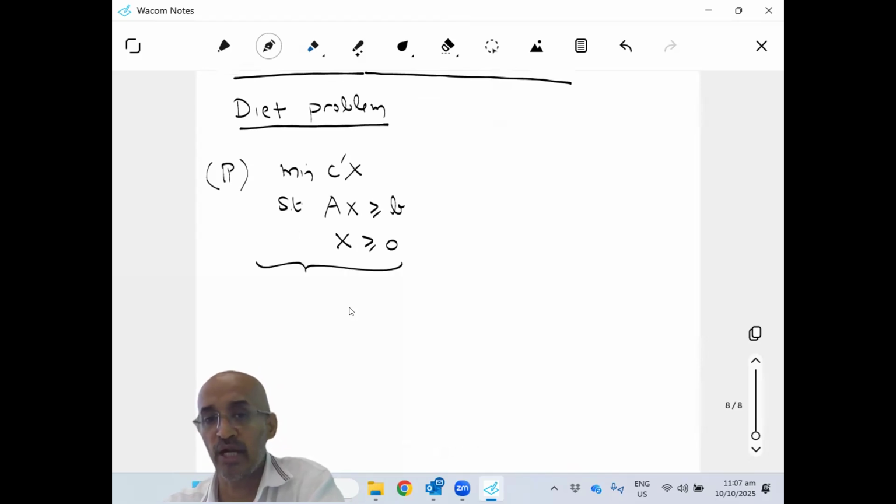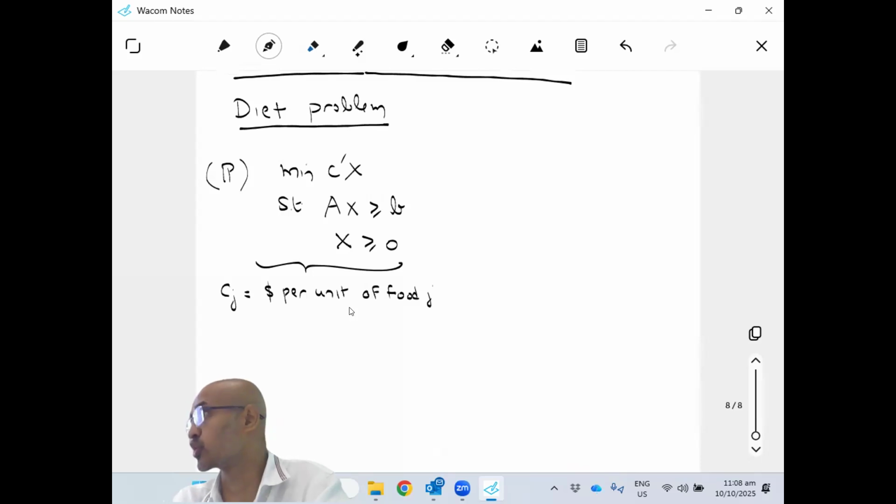Again, just to remind you, in this problem, Cj, let's say, is the cost in dollars per unit of food j. Food j could be maybe a packet of noodles, or maybe a carton of milk. So Cj is the cost for that. You want to minimize the cost of your diet.